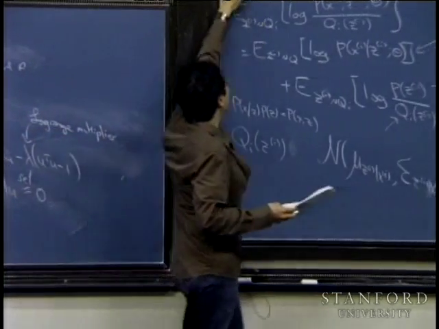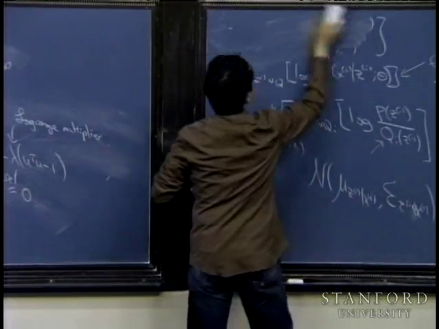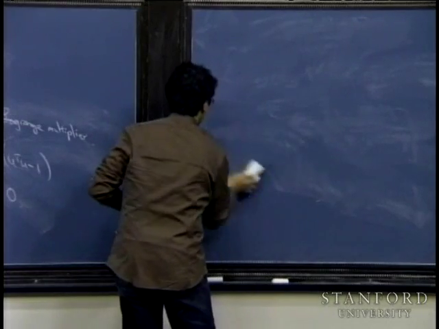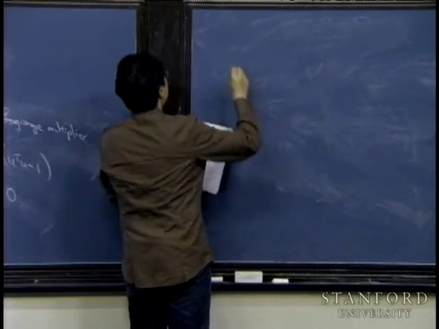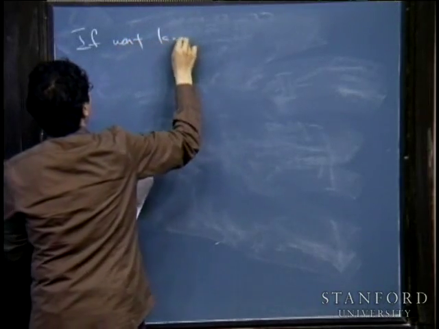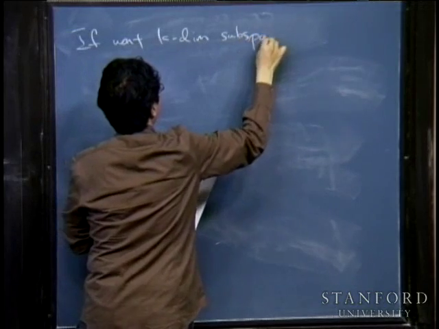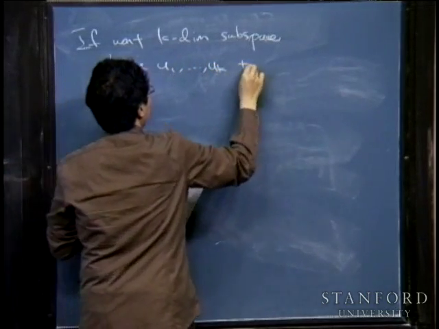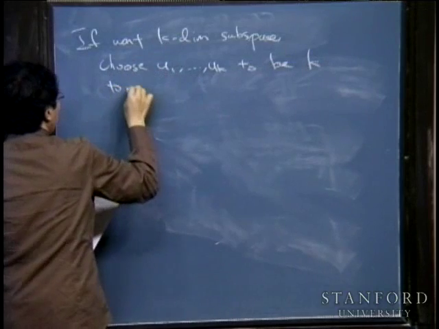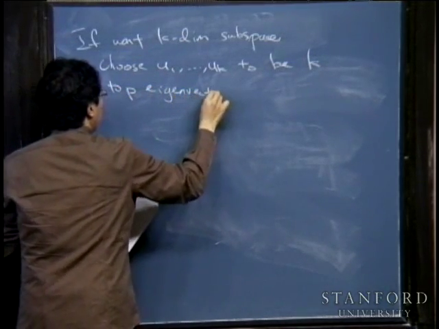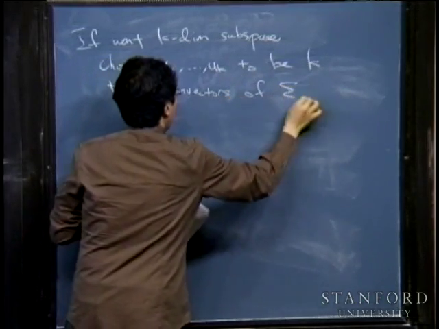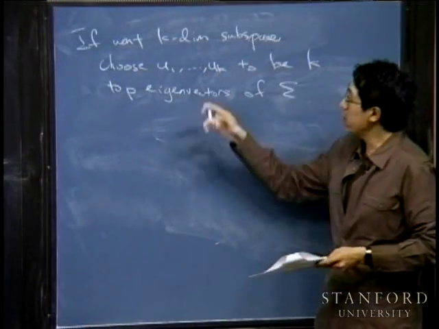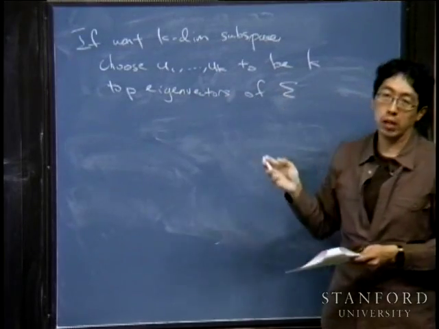And more generally, if you want a k-dimensional subspace onto which to project your data, you would choose U1 through UK to be the top k eigenvectors of sigma.